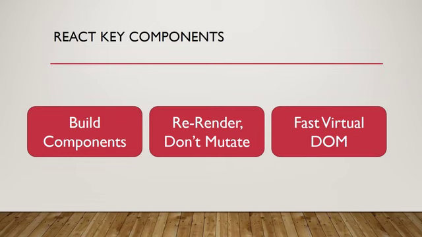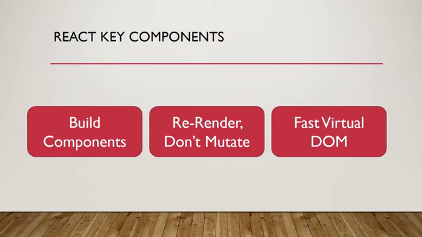So in that instance, you are mutating the components and the markup on the page. In React, they don't mutate anything. They re-render. So if you make a change to your backend data store or your sources, and you want that to be presented to the users, it will re-render all the pertinent places that it needs to.